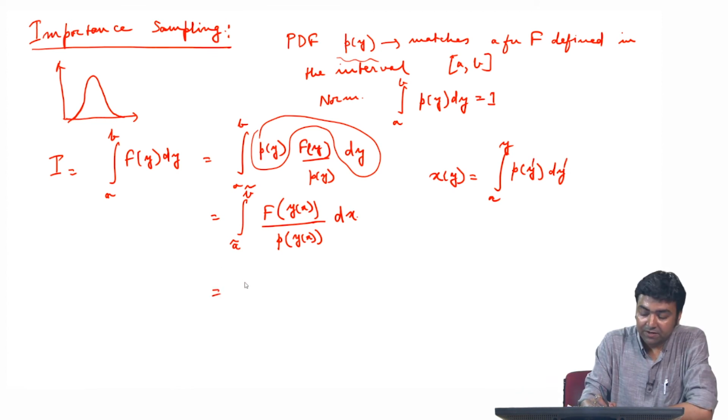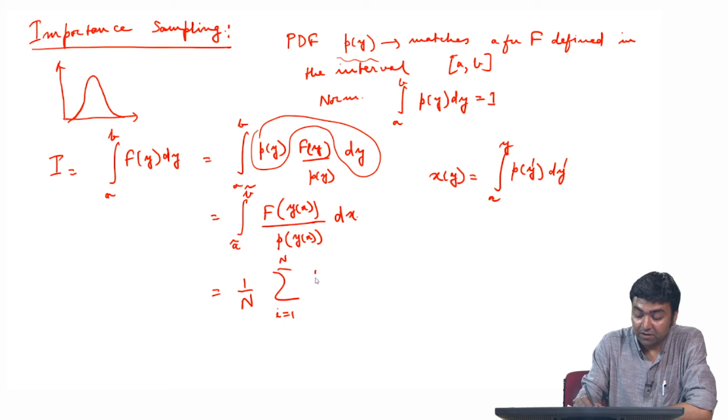Once we have this, it is the simple standard procedure, where instead of keeping it continuous, we discretize the thing.